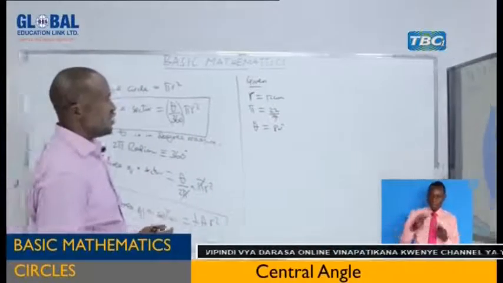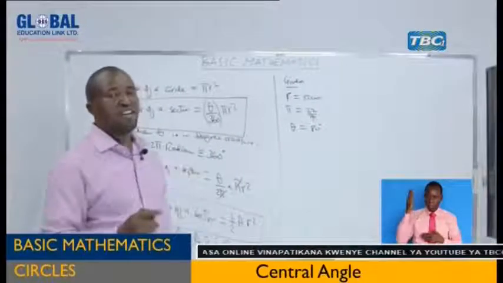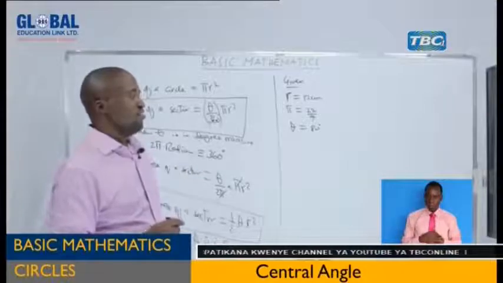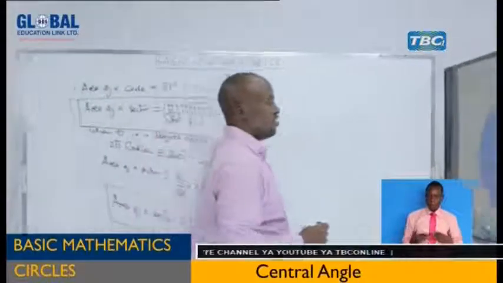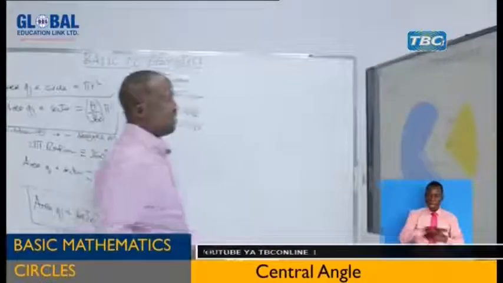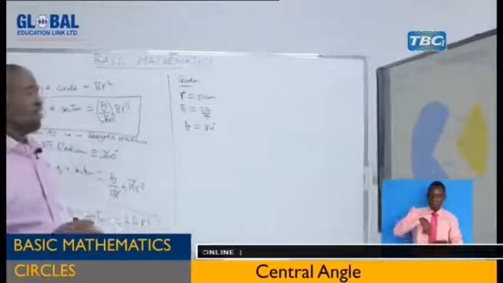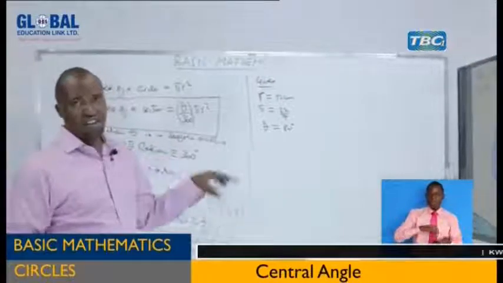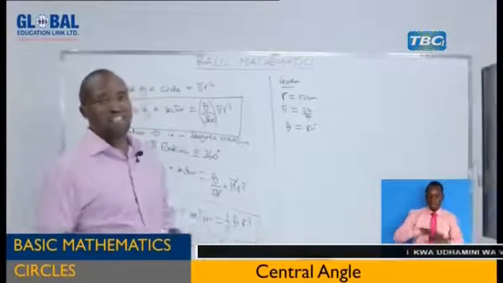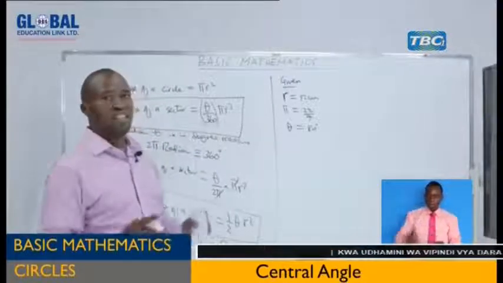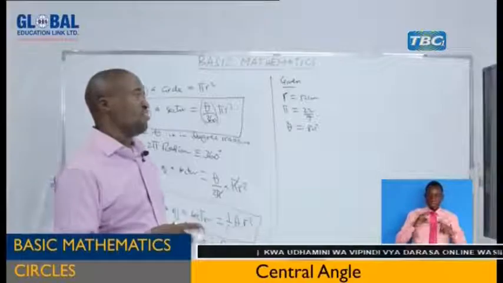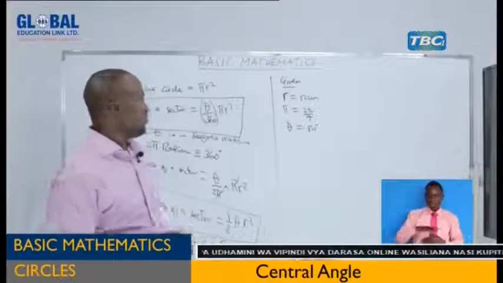So in this case, let us find the area of a circle, and then find the area of this sector, and find the difference between the area of a circle and that of a sector. We are going to get the region which is left after removal of a sector.